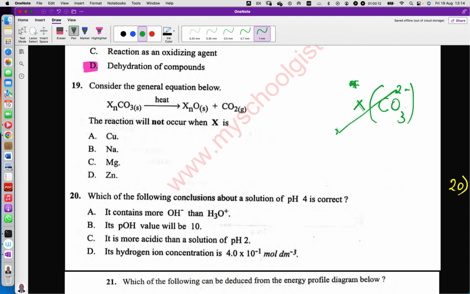Here we can see that the 2 will come here, and this one is 1. Let's say plus 1 will come here. And in that case, since it is just 1, we don't need to put any 2 or anything here. So it will be X2. Any other compound here.